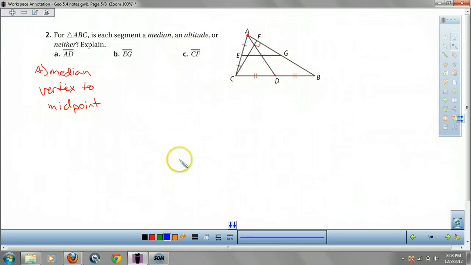Next, let's look at EG. EG doesn't start at a vertex, so that means it's not a median, not an altitude, it's neither. Does not start at a vertex.